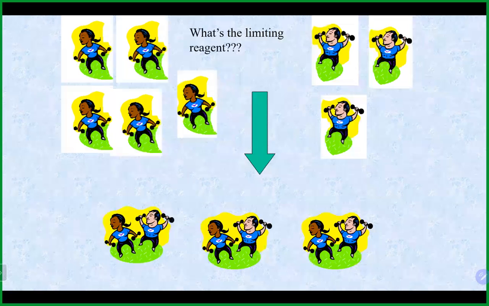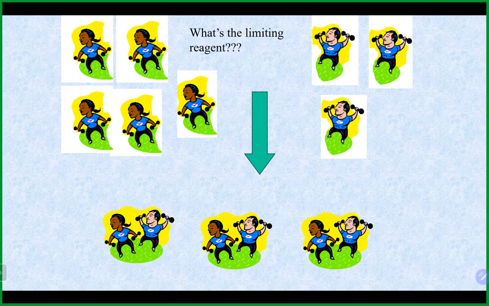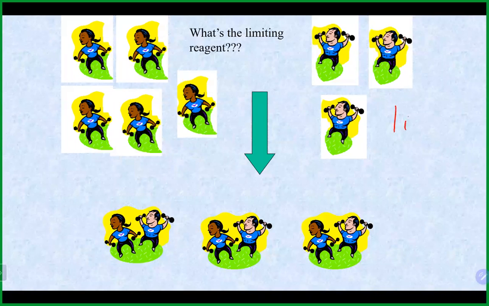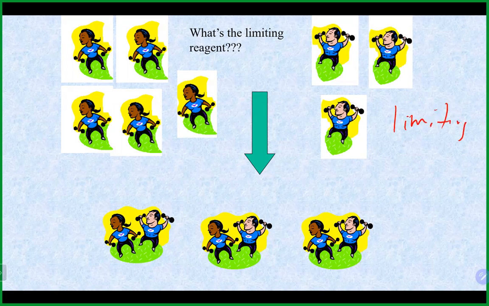So here's an example. If we have girl and guy workout people and they come together to make workout buddies, in this case we can see we are going to run out of guys, and that would be our limiting reagent. And our excess reagent here would be our girl workout buddies.